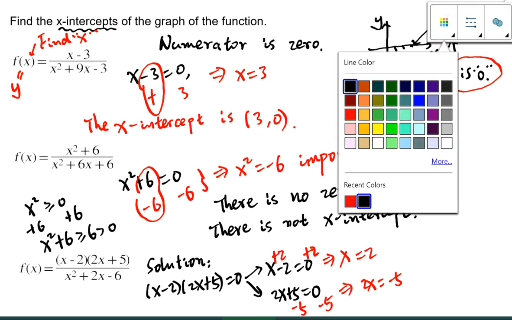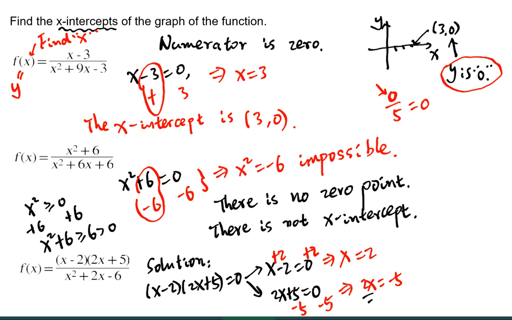And then divided by 2 on both sides. You have x is negative 5 over 2.